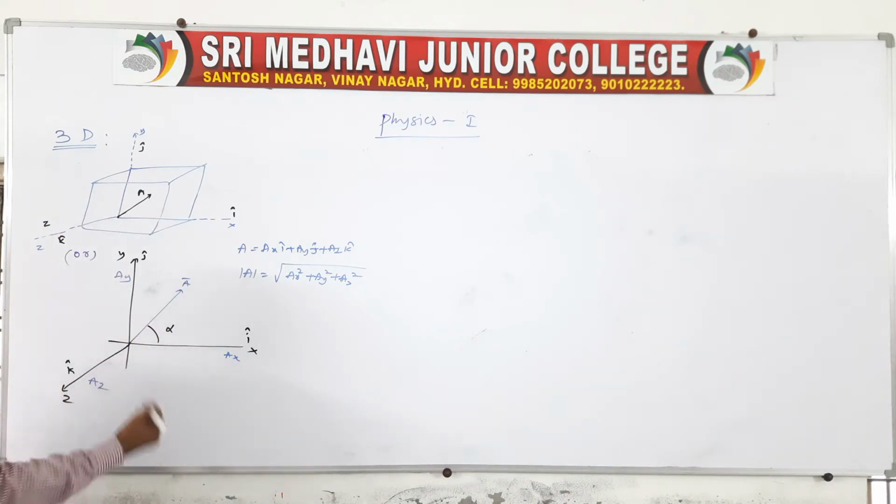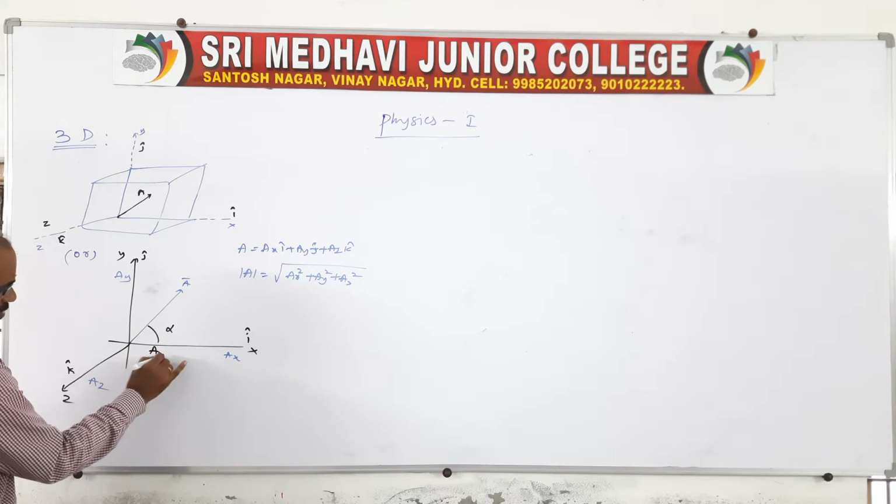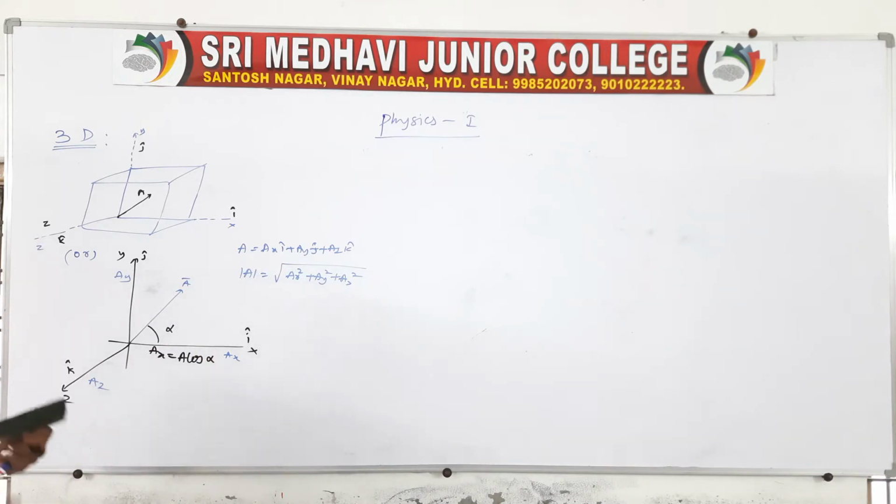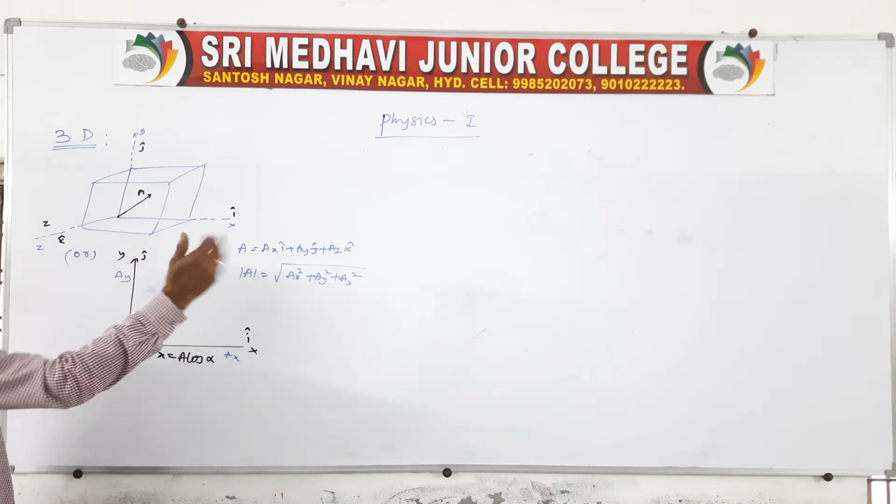So Ax = A cos alpha, because it makes an angle alpha with the x-axis. The other axis is actually represented as sine, but you don't write the sine angles; we'll see that at the end.